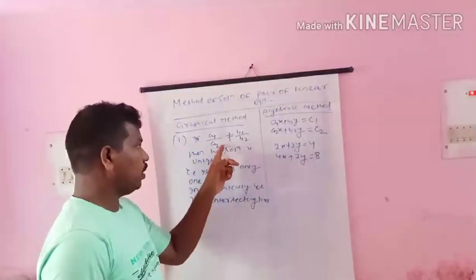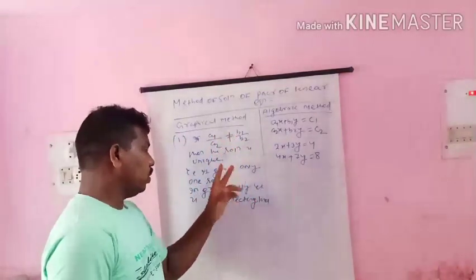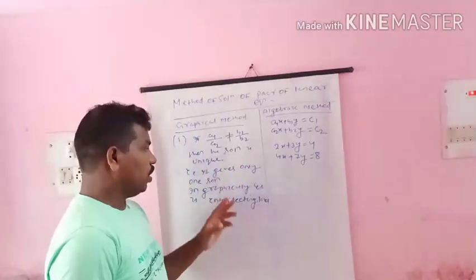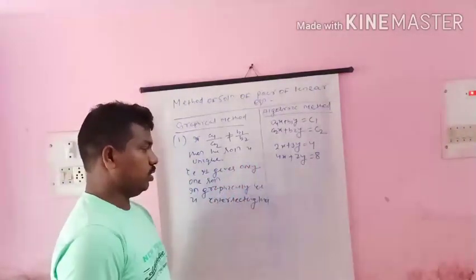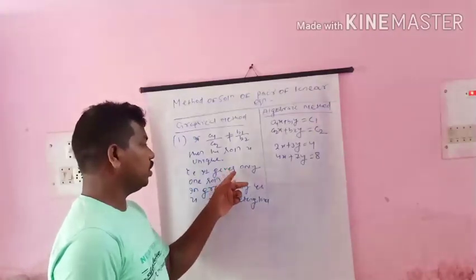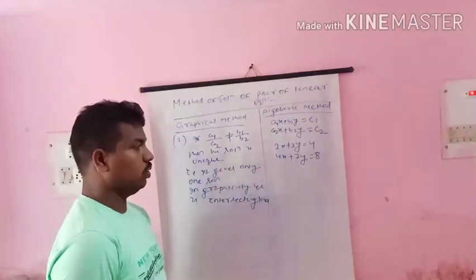So if a1 by a2 is not equal to b1 by b2, graphically we see on graph paper that the two lines intersect at one point. That means it gives only one solution.